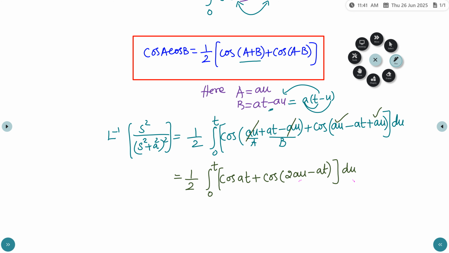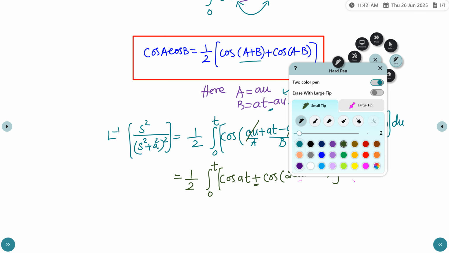Now we have converted the product of two functions into a sum of two functions. Now the integration is very simple. Integrate this one. What about the integration formula?